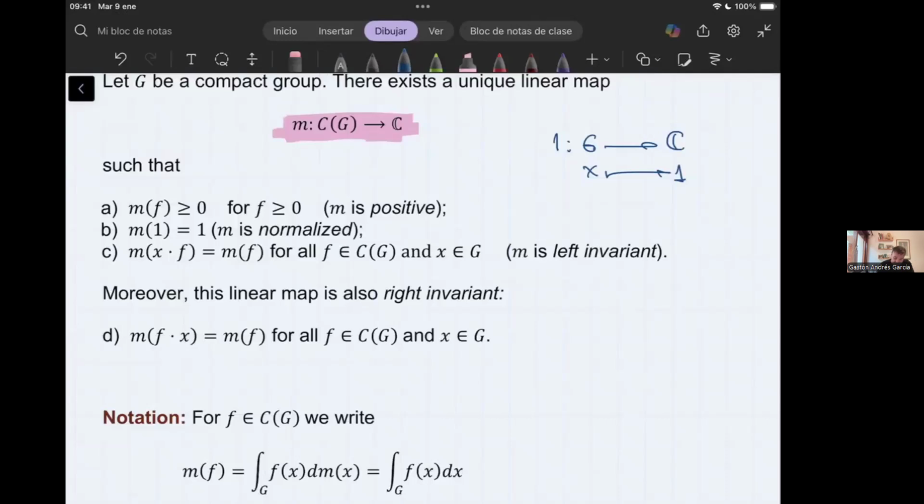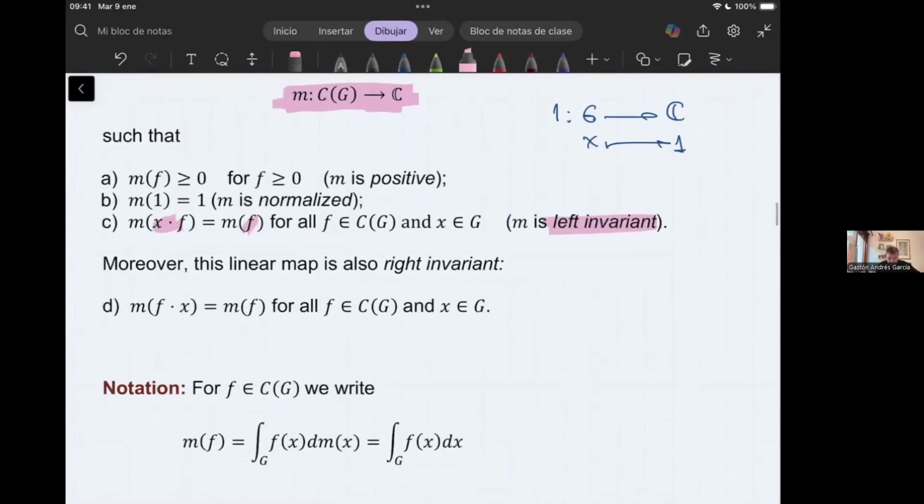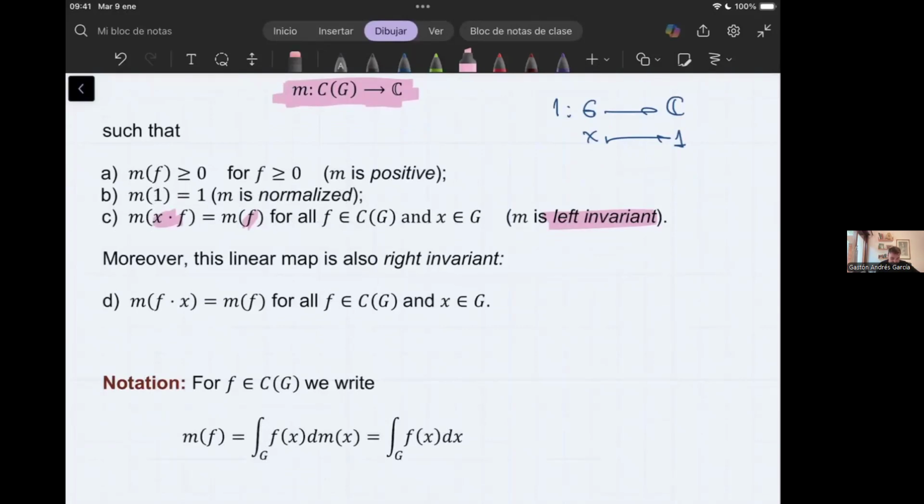So if we translate the function on the left by any element of the group, then the measure is the same. It doesn't depend on translations. So we say that in this case, M is left invariant. And by construction, one can prove that it is also right invariant.